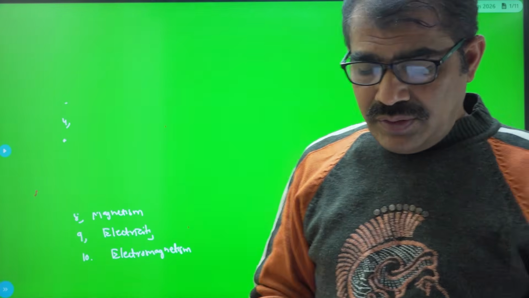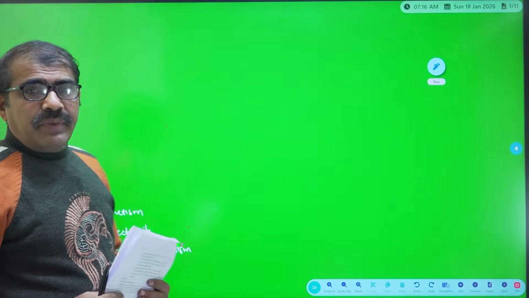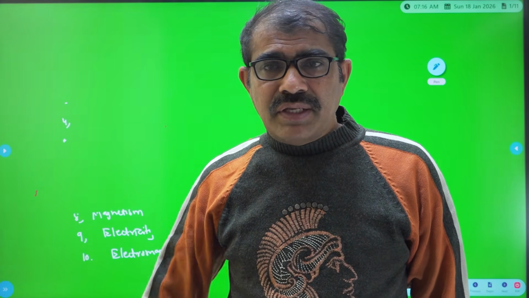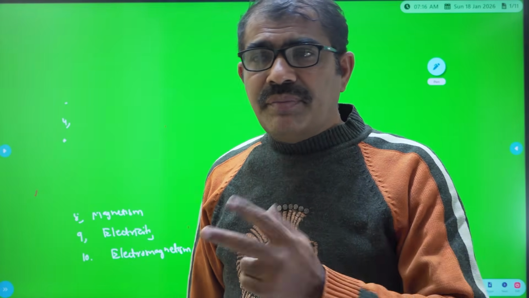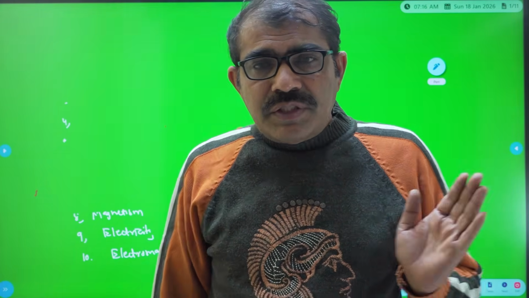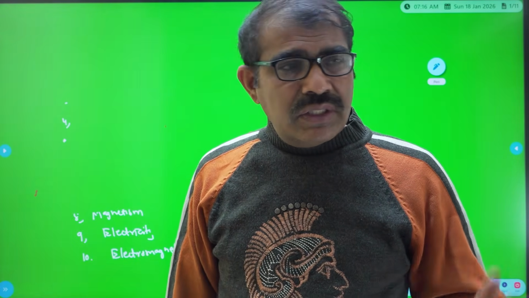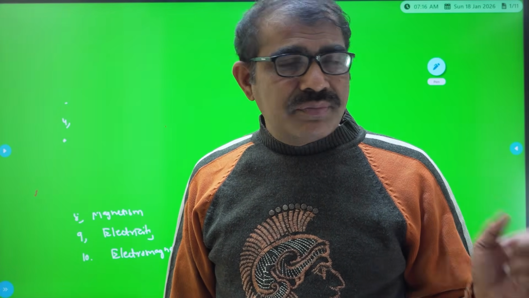For example, A and B are two persons moving in a train. C is the person outside, observing A and B in the moving train. The train is moving, and A and B are two passengers sitting inside it.